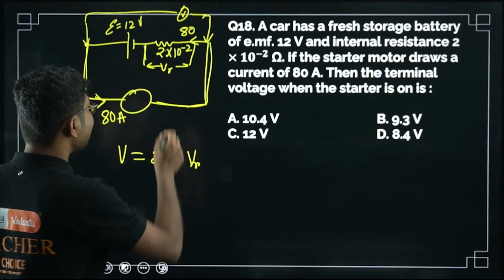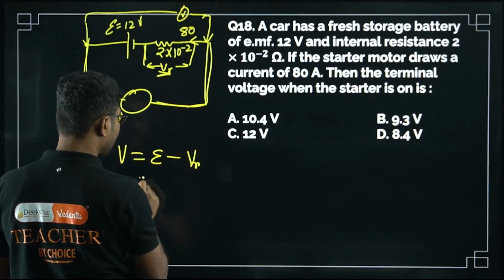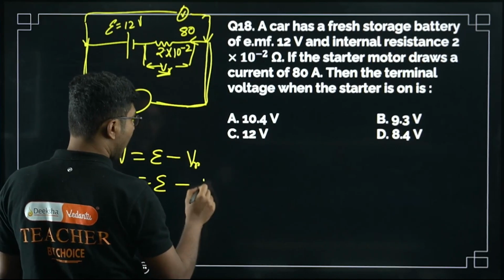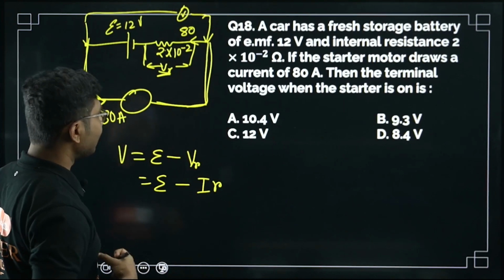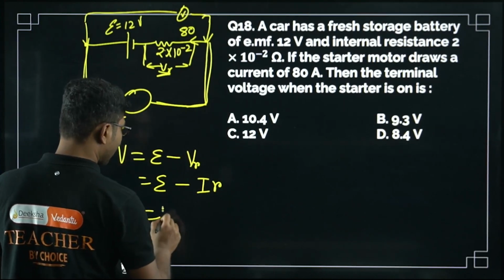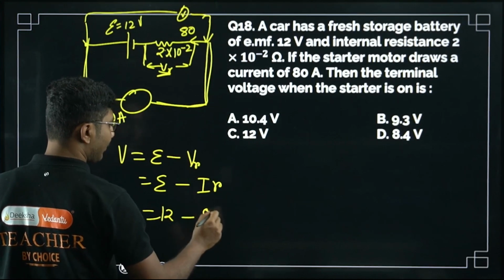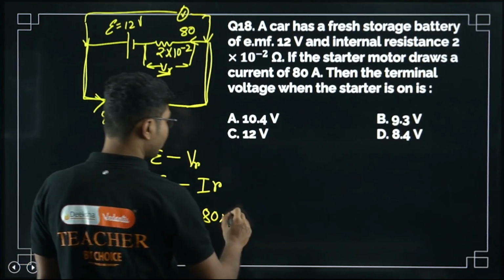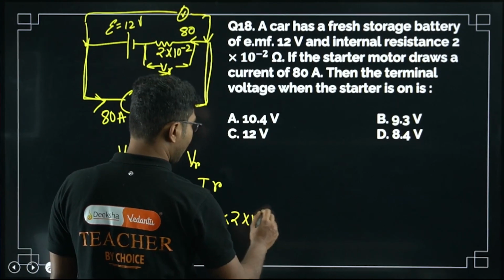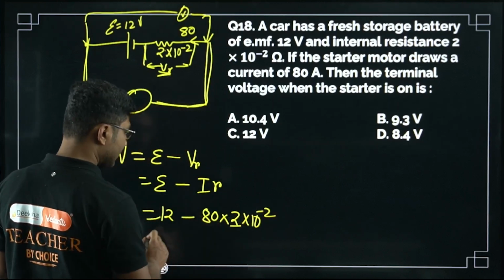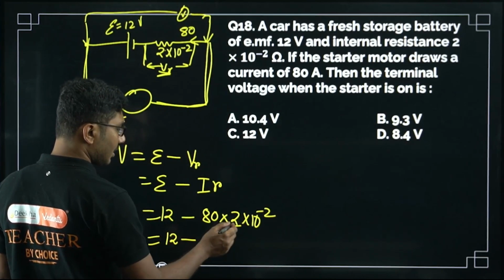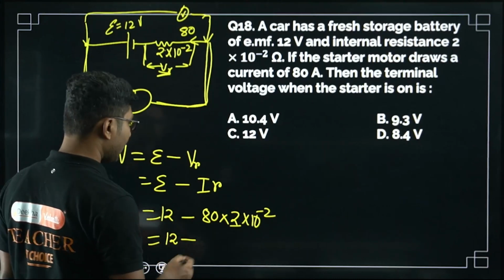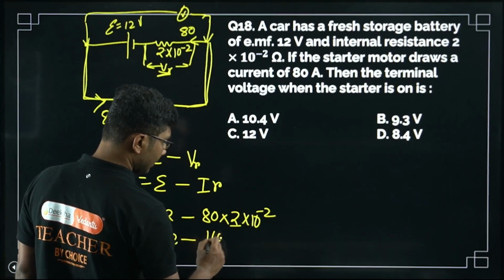Now what is this VR? This VR is nothing but, from Ohm's law, I times small r, the internal resistance r. Epsilon is 12 volt, I is 80 ampere, small r is 2 times 10 to the power of minus 2. So 12 minus 80 times 2 is 160, divided by 100.